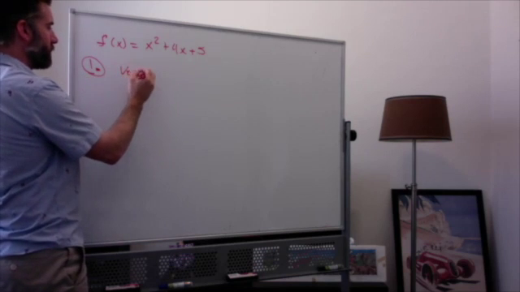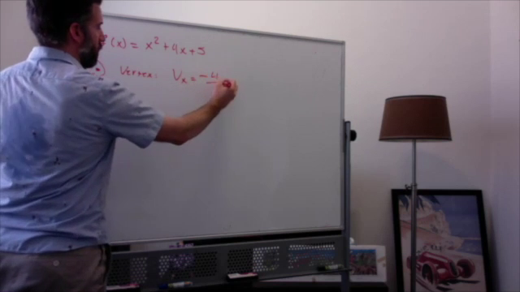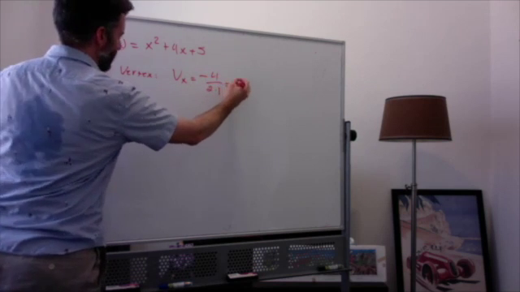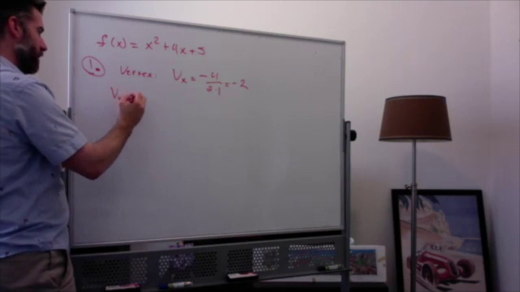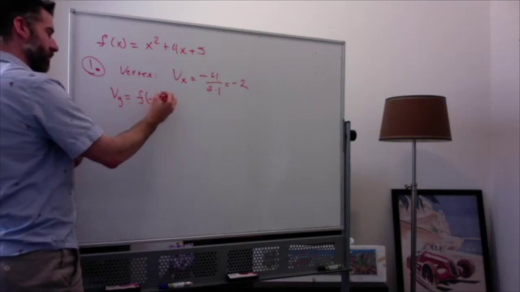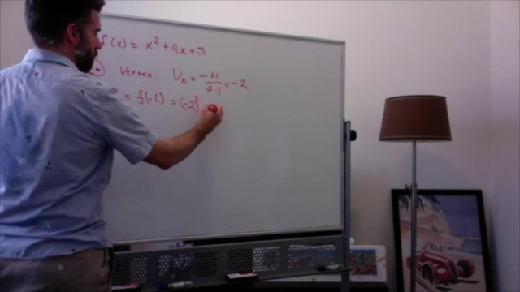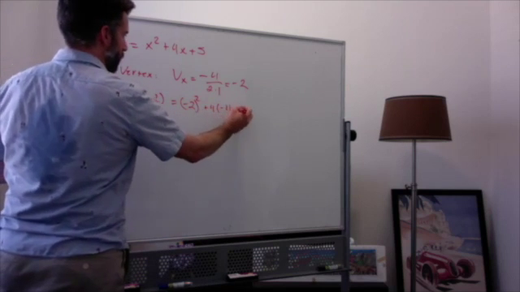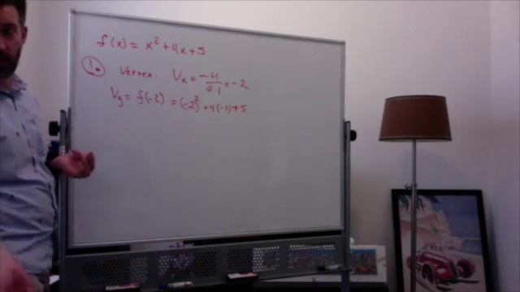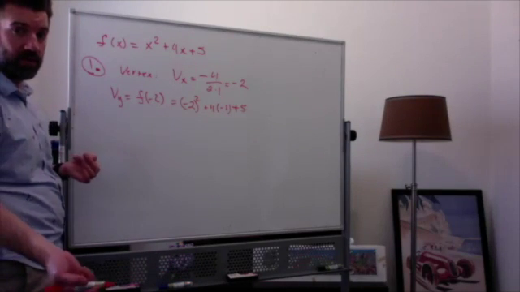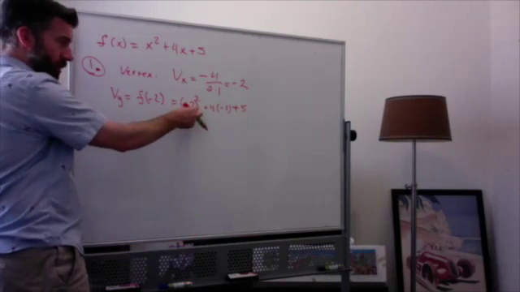So vertex, so the x coordinate is going to be negative 4 over 2 times 1, which is just negative 2. The y coordinate is going to be f of negative 2, which is negative 2 squared plus 4 times negative 2 plus 5. So be careful, right? This is different than the negative 1 squared that we have, in that here it's negative 2 quantity squared.